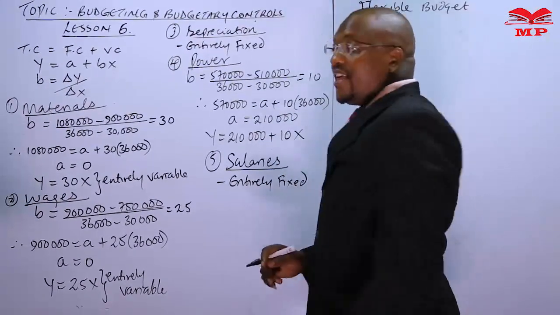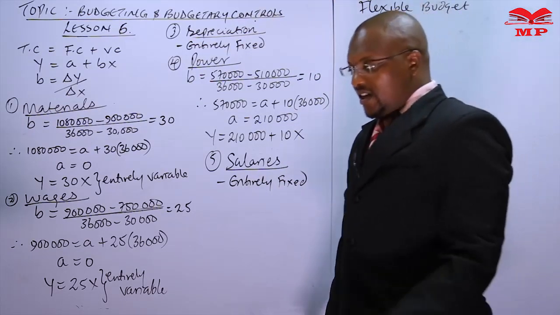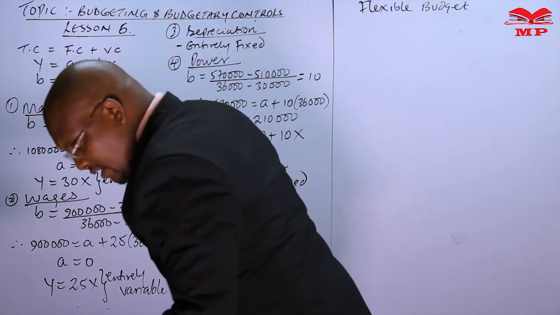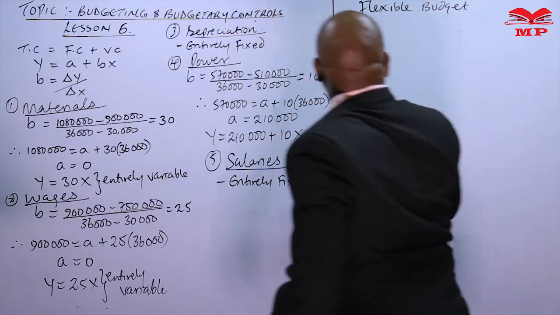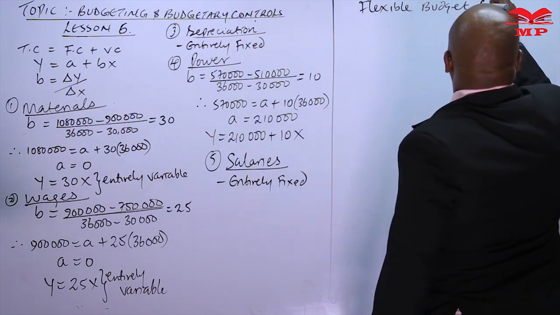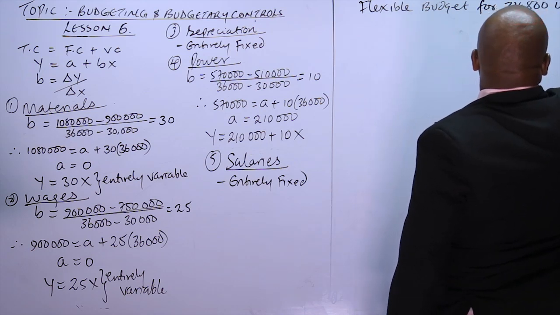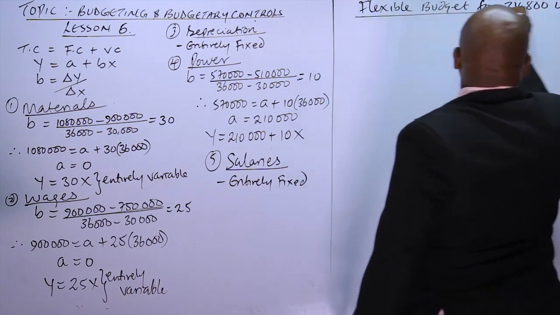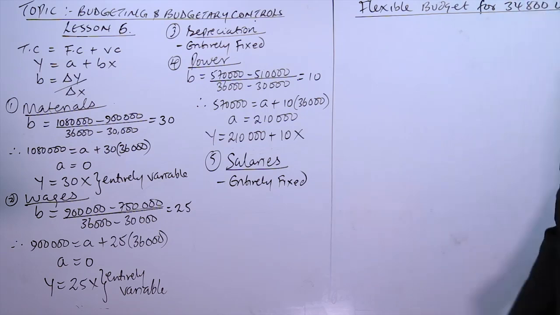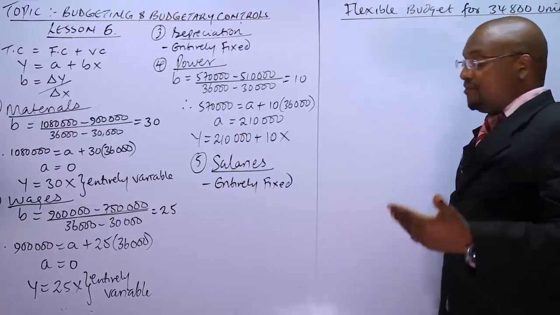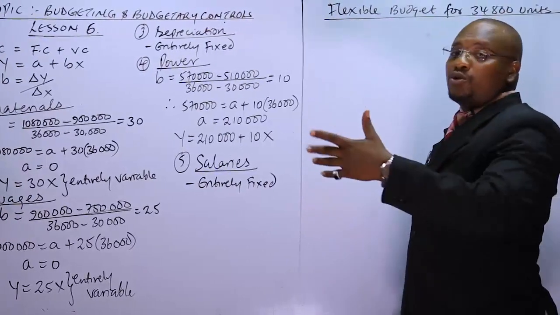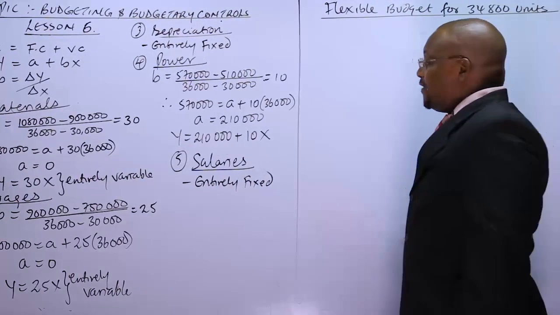We have only been given the actual operating level, which is 34,800 units. This is the budget we are preparing using the budget information which we have, but we don't have the actual cost so that you can compare. In the other one, we had the actual cost to compare and get the adverse or favorable.